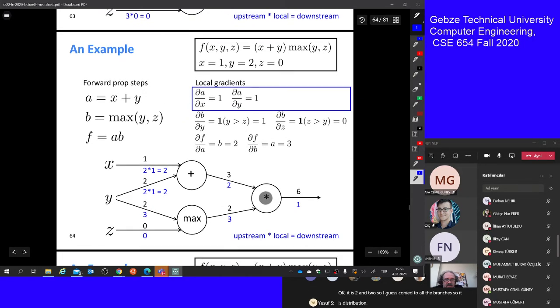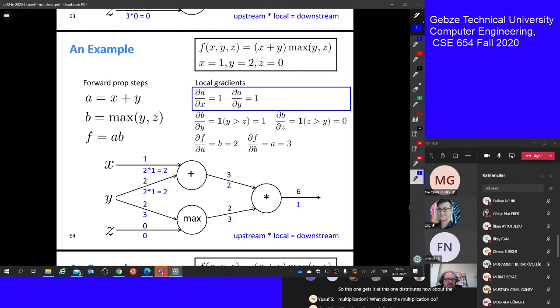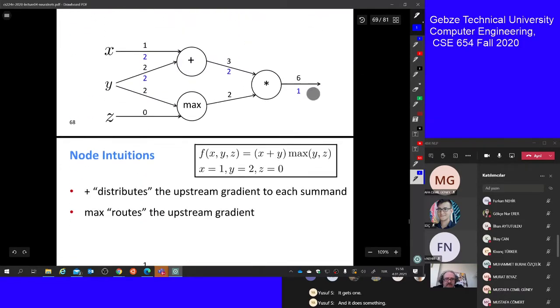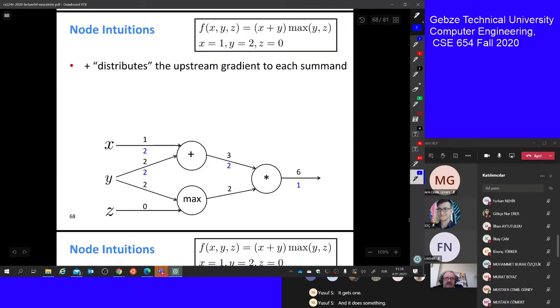How about the multiplication? What does the multiplication do? It gets 1 and it does something. Okay, so plus distributes.